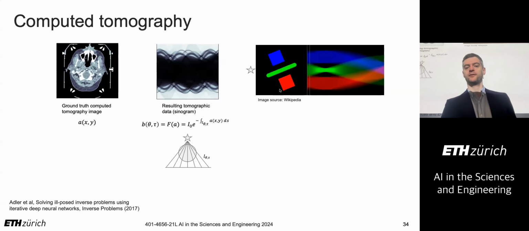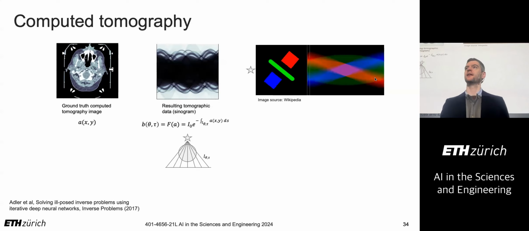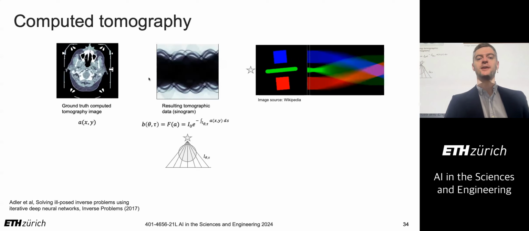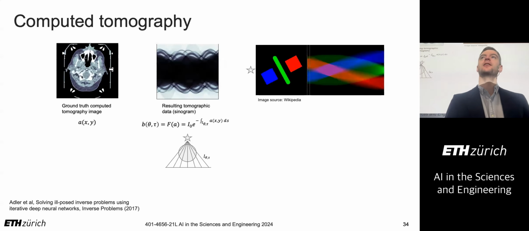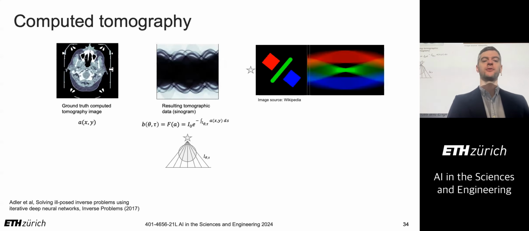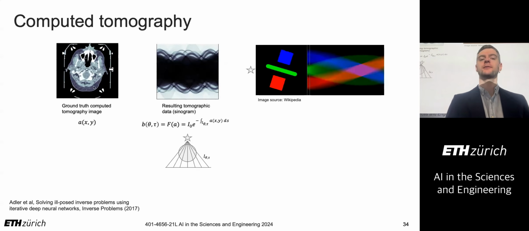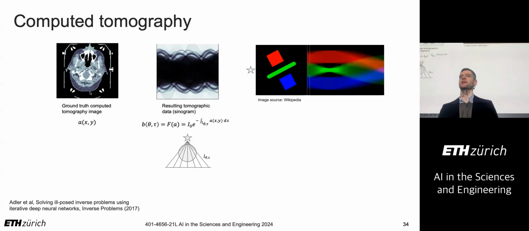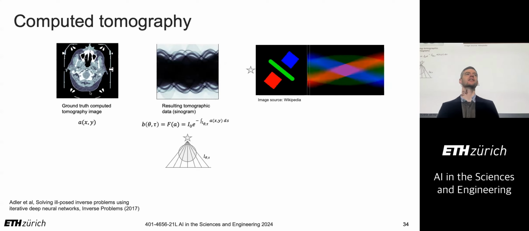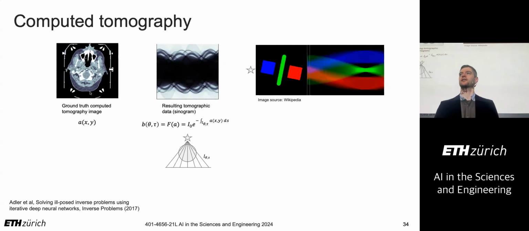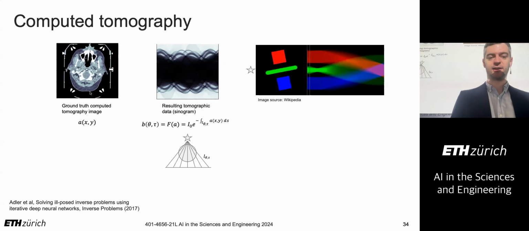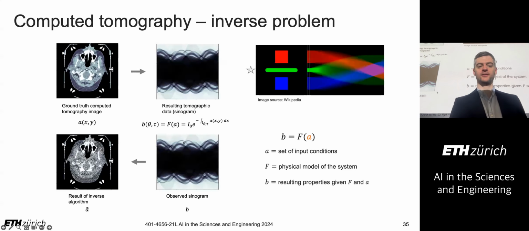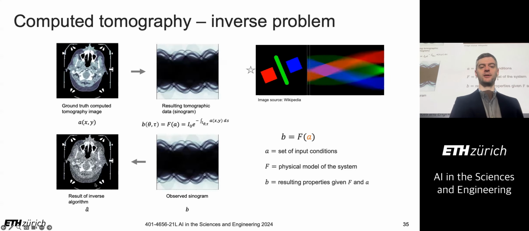So the inverse problem here is to take our observations of the sinogram and try to invert back for the image, or the absorption profile as a function of space. Everyone clear on the problem and the physics behind it? Great.